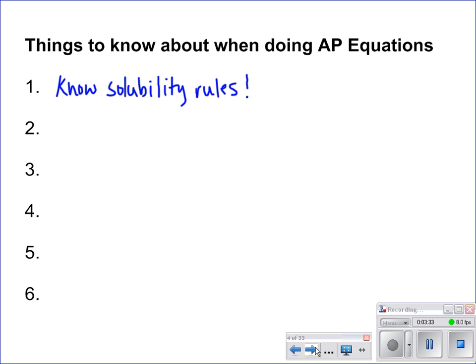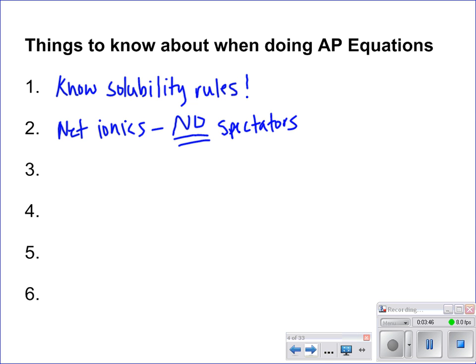All right, number 2. These are net ionics. What does that mean? We have no whats. You cannot get credit if you have spectators in here. Okay? If you only get 1 point for reactants and you leave a spectator on the reactant side, you get nothing for the reactant point. So you have to get rid of all your spectators.